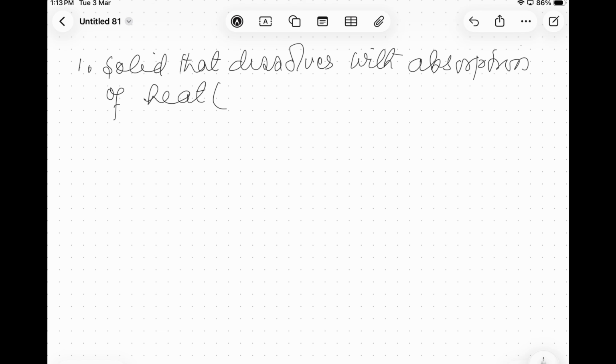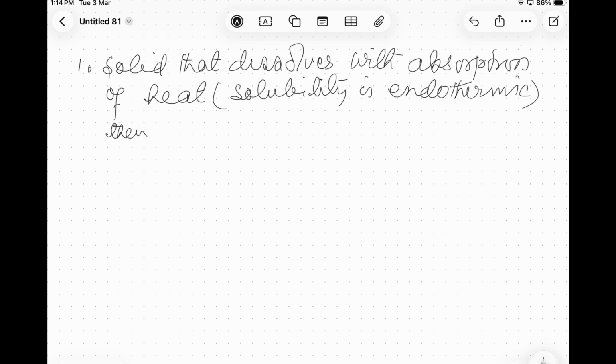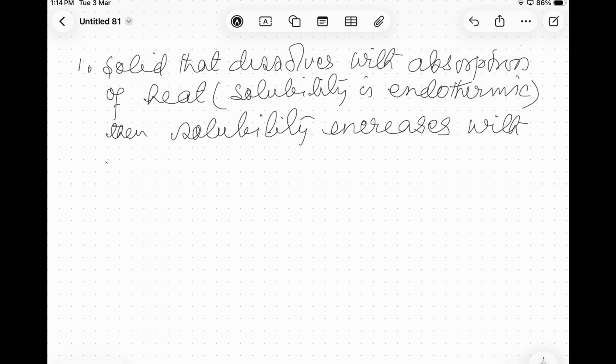That means if solubility is endothermic, then solubility increases with increase of temperature.